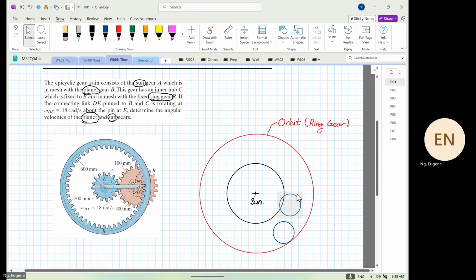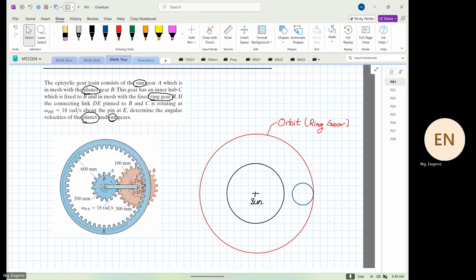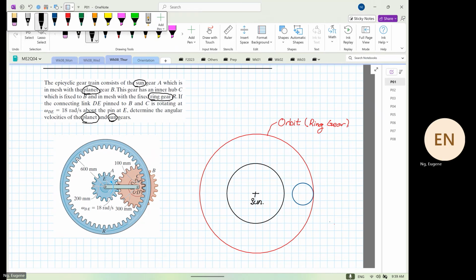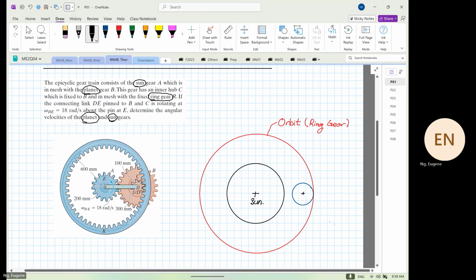So this gear that is going around, it has a center. This is known as our planet.